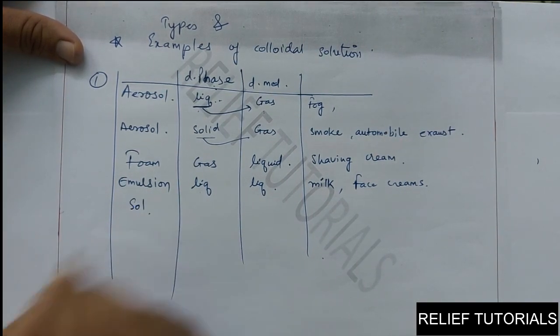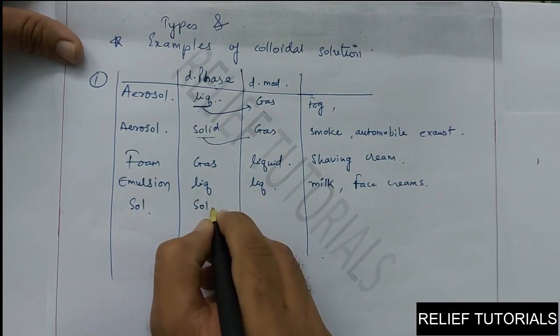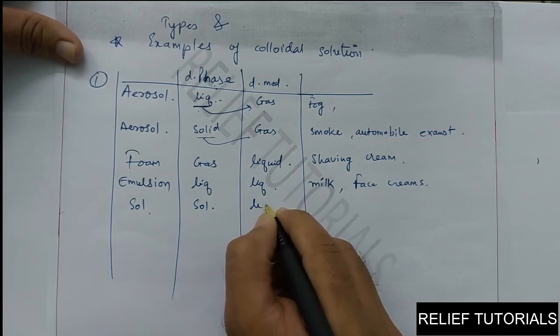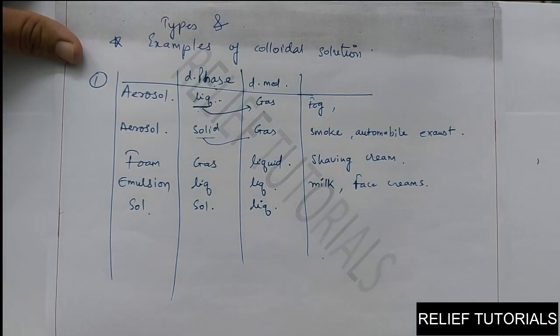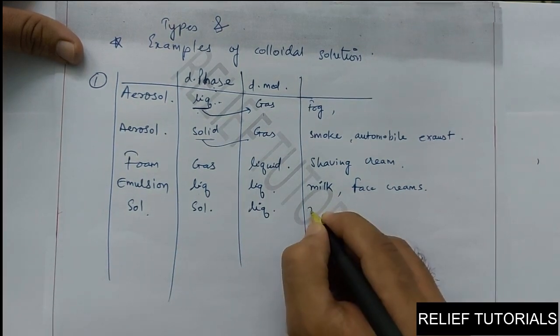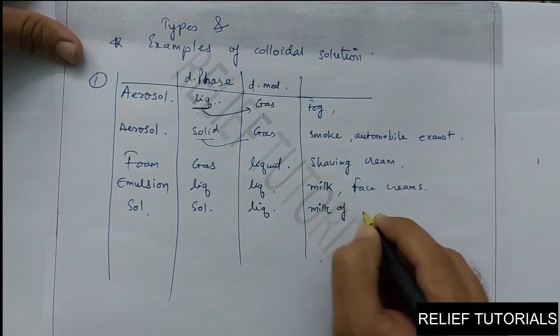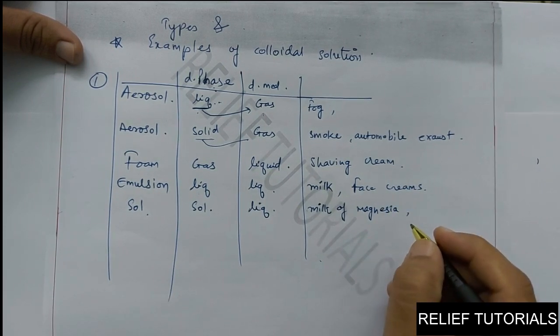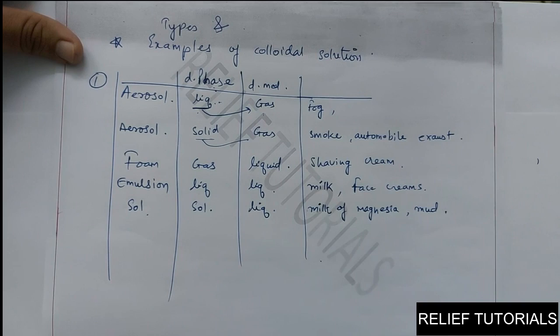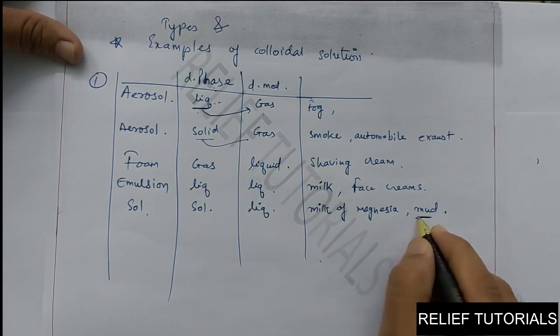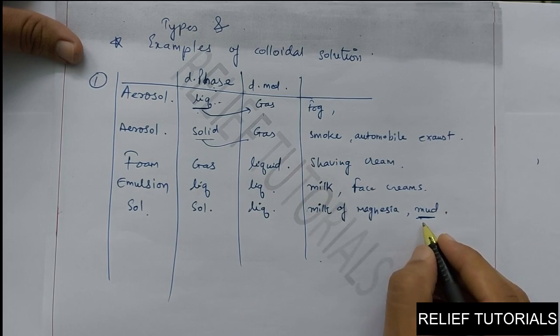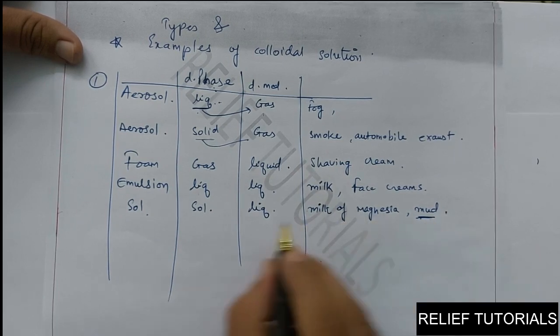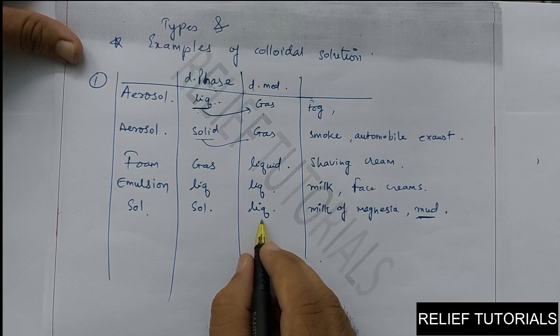Then we have the example of sol. The type of colloidal is sol, in which the solid mixes with liquid. When solid mixes with liquid, it is the example of sol. The examples are milk of magnesia and mud, in which the clay particles mix with liquid, water.